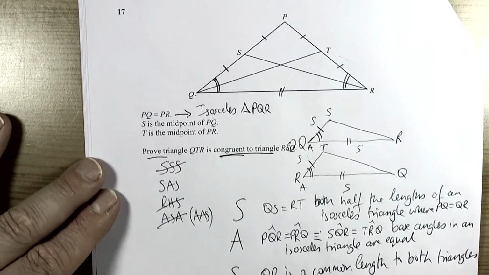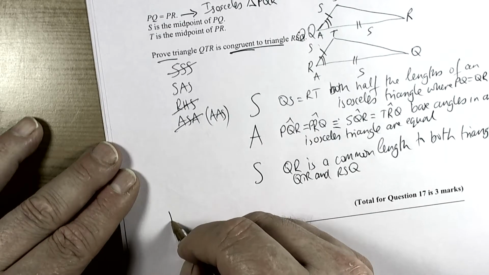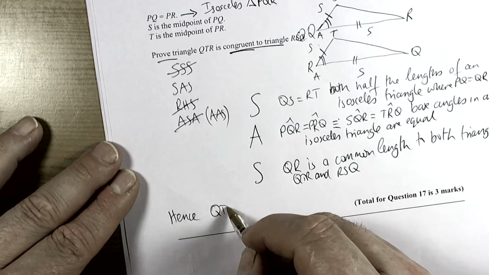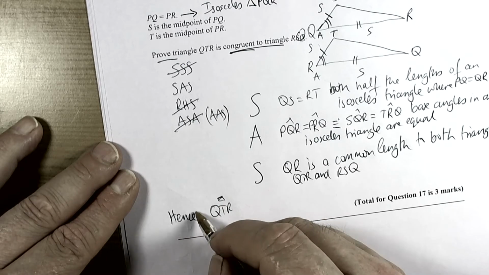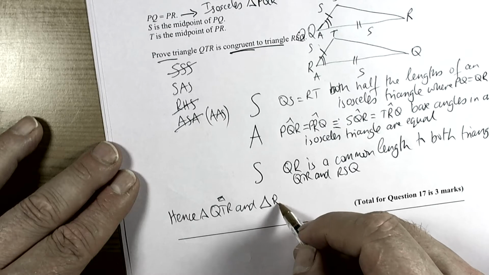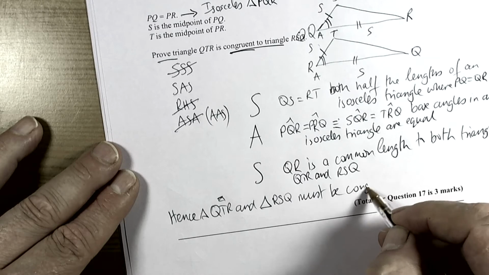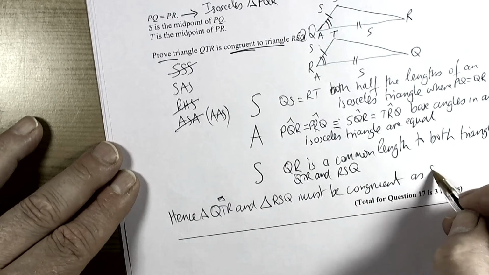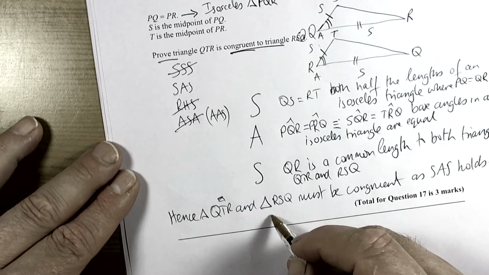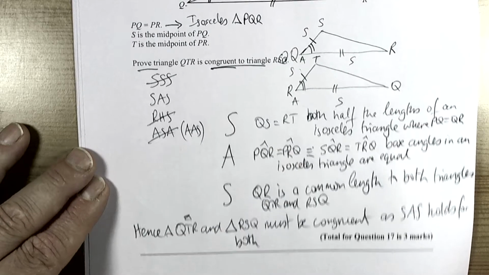It's a proof question, so we should finish off with that sentence by saying hence triangle QTR and triangle RSQ must be congruent as SAS holds for both. So we just need that sentence at the end when we do a proof question.